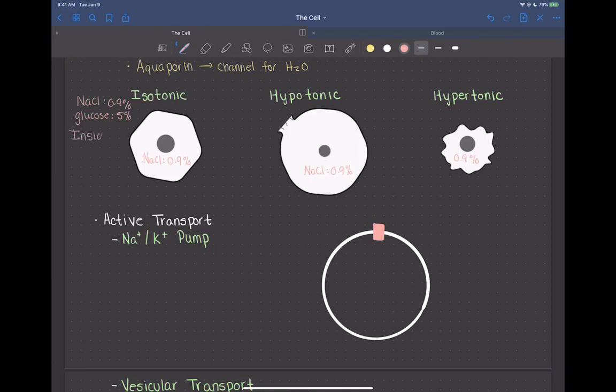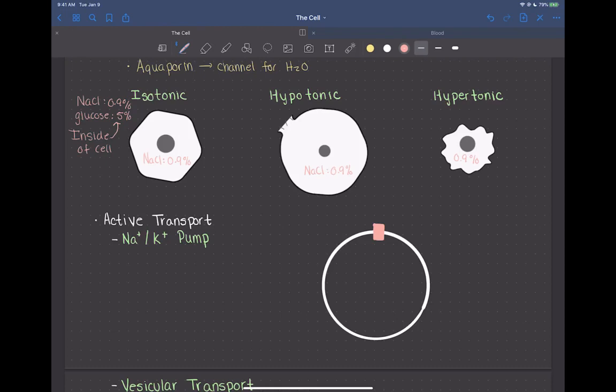This is always going to be what it is on the inside of the cell. So I would commit those values to memory. If you take a cell and drop it into a water solution with salts in it, you should know what's going to happen to that cell in those different solutions.